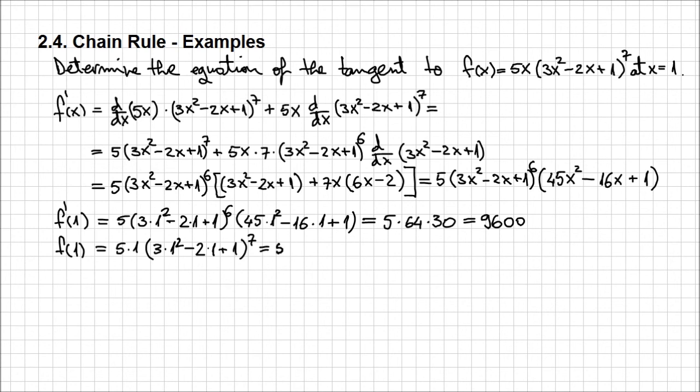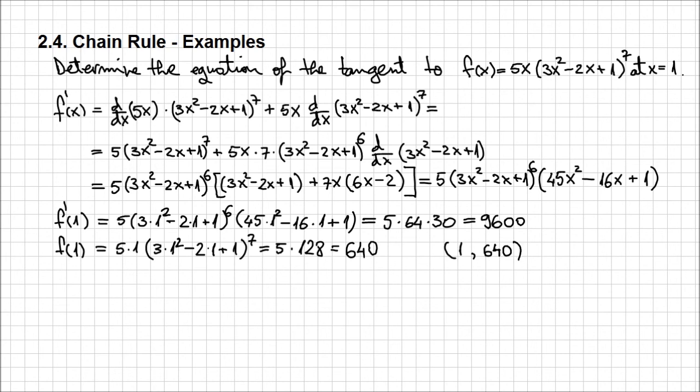So this results in 5 times, in the parentheses 3 minus 2, which is 1, plus 1, which is 2, to the power 7, which is 128, and 5 times 128 is 640. That means our tangent goes through the point (1, 640).